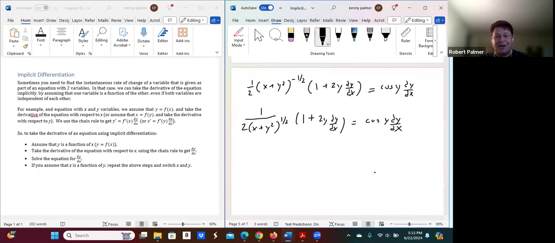So, a pain, a fair amount of writing, but the procedure is exactly what we did before. All right. So distribute this term here times 1. That's easy. That's going to be 1. I'm also going to put this back in terms of a radical.